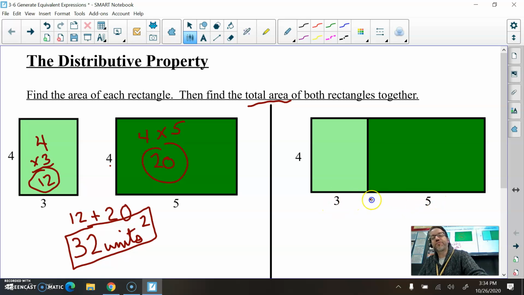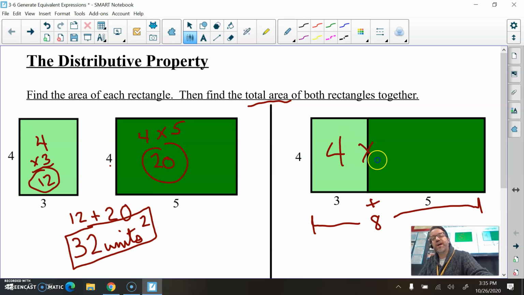I could add 3 plus 5 together and find 8 is my total length of these two rectangles combined. So if I want to find the area of this super rectangle, I have 4 times 8, width times length, and that equals 32. Notice that's what I found over here when I did them separately, 32 square units.